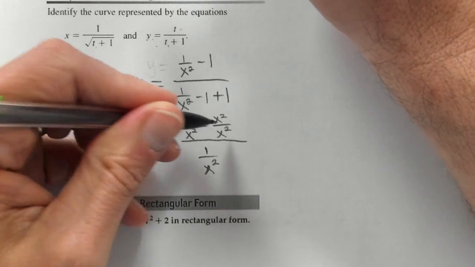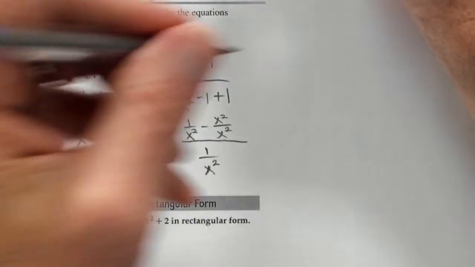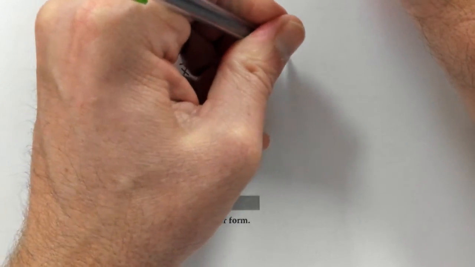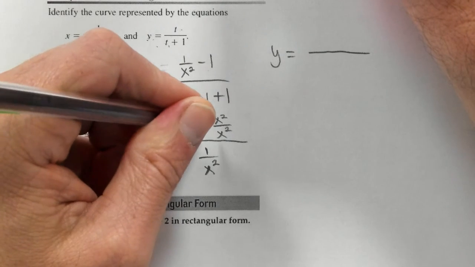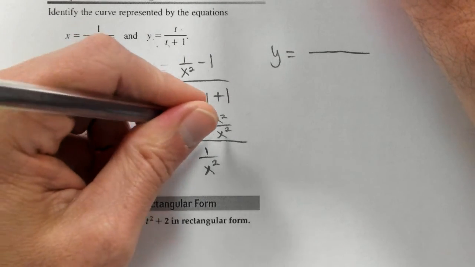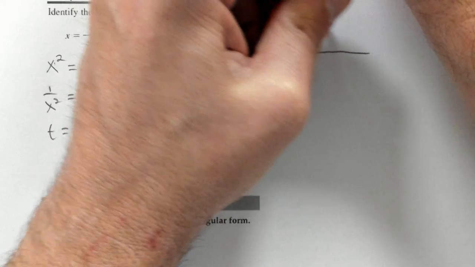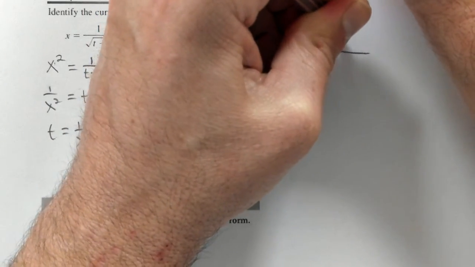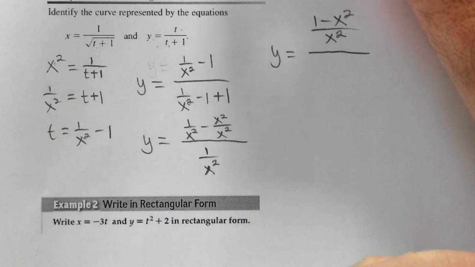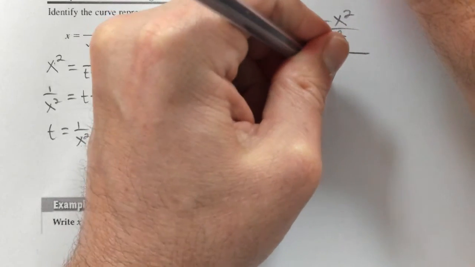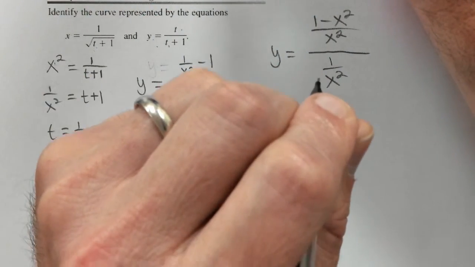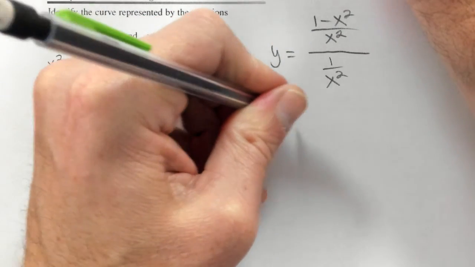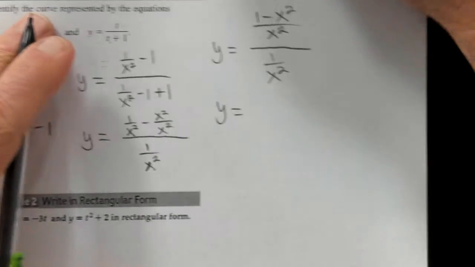All right, so now I can combine these together now that they have like terms, and when I do, we're going to have this. So when I combine that together, then that's going to be 1 minus x squared over x squared. All right, and then now that's over 1 over x squared. And of course, to simplify that down, fraction divided by a fraction, you can just multiply by the reciprocal.